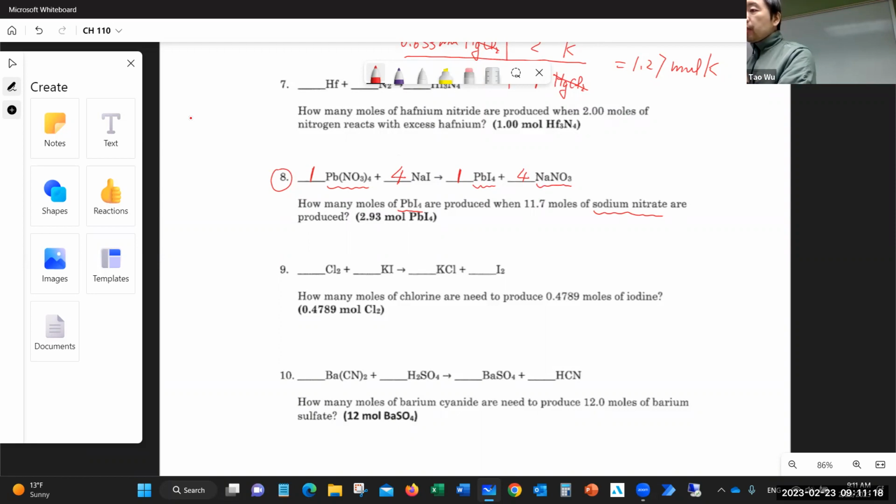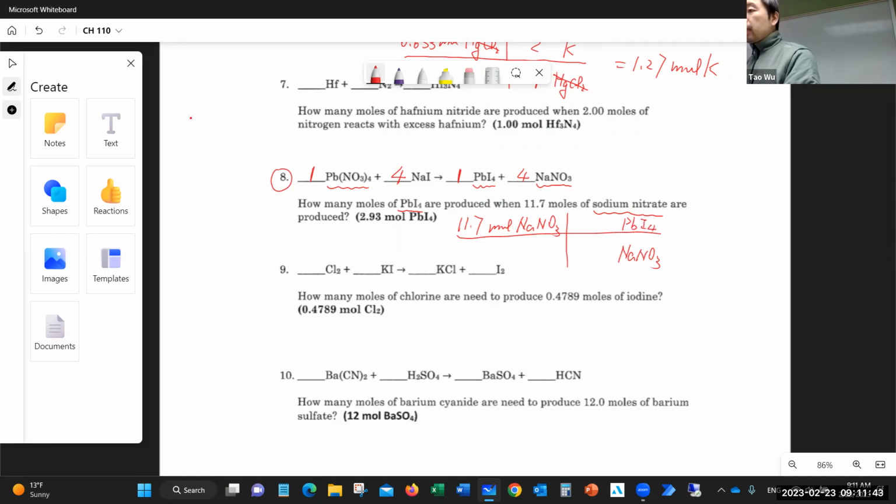Well, so you set up, we have 11.7 moles of the sodium nitrate. And then you multiply, definitely going to cancel the moles of sodium nitrate. And then you multiply by the moles of the lead iodide.